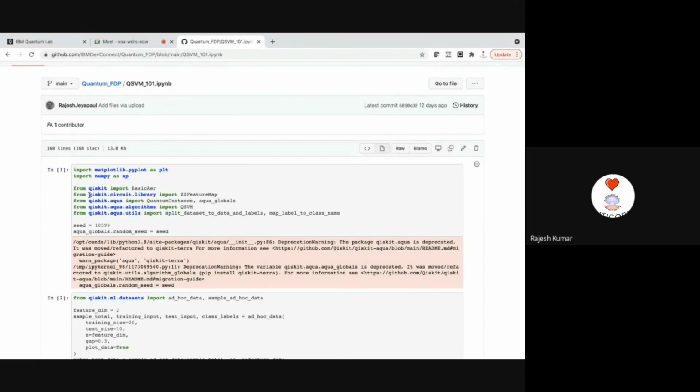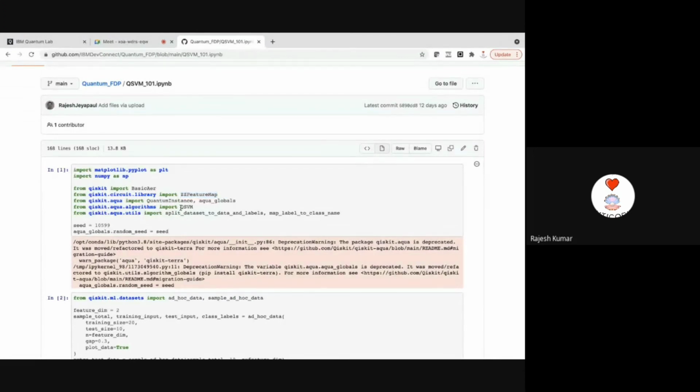And see here, Qiskit is the open source library. I'm sure you might be familiar with this. IBM is contributing to this, and there are various modules or libraries coming out for quantum machine learning. So you have to import, say, the feature map. You know what the feature map is for? It is for encoding, right?